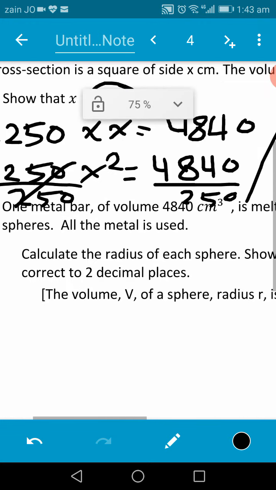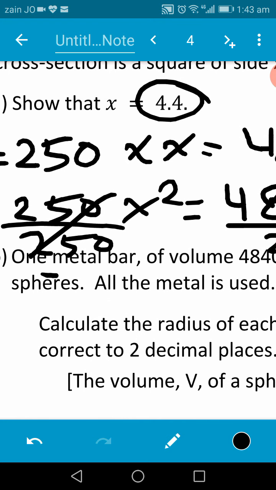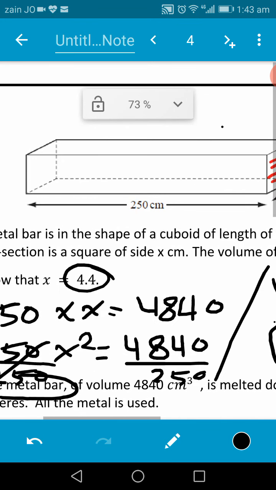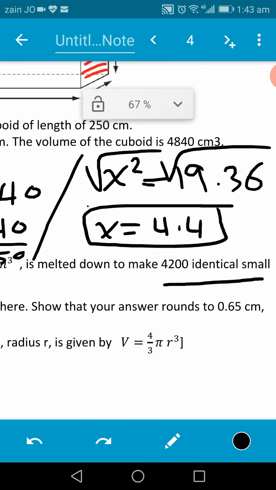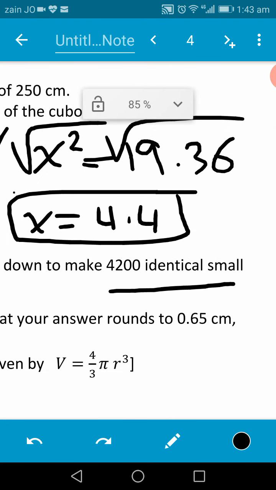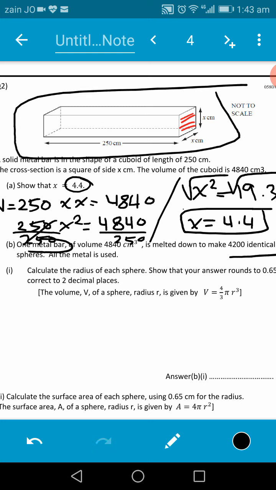So the question is that I have one of these metal bars, and we melted it down and turned it into 4,200 identical small spheres. The question is calculate the radius of each sphere.